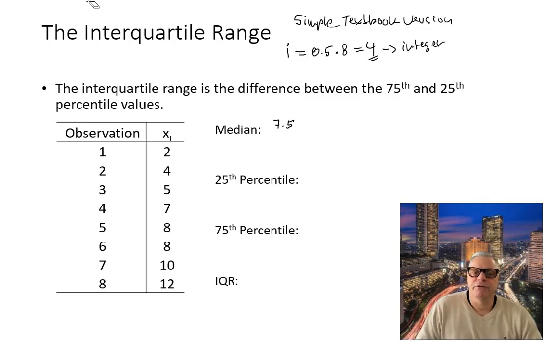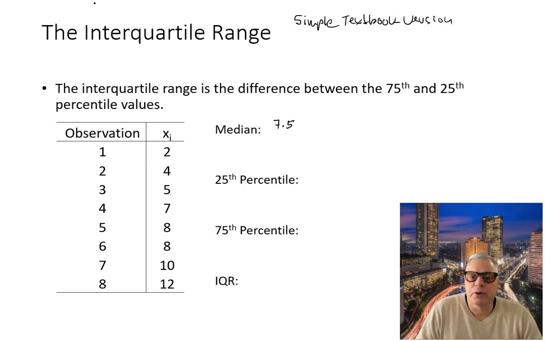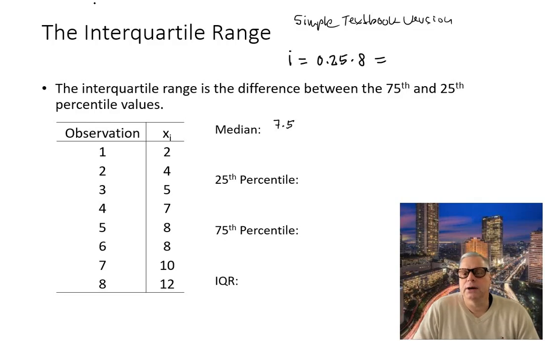So now the 25th percentile. Again, we use the simple textbook solution, not the one that Excel will do. So now for the 25th percentile, we will do 0.25 times 8, and that is 2.